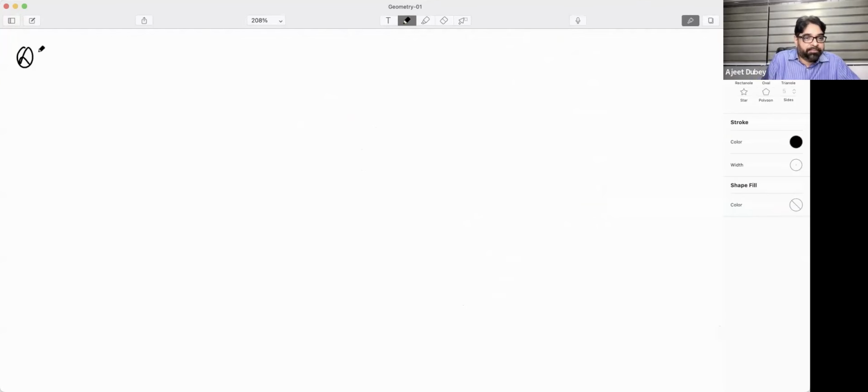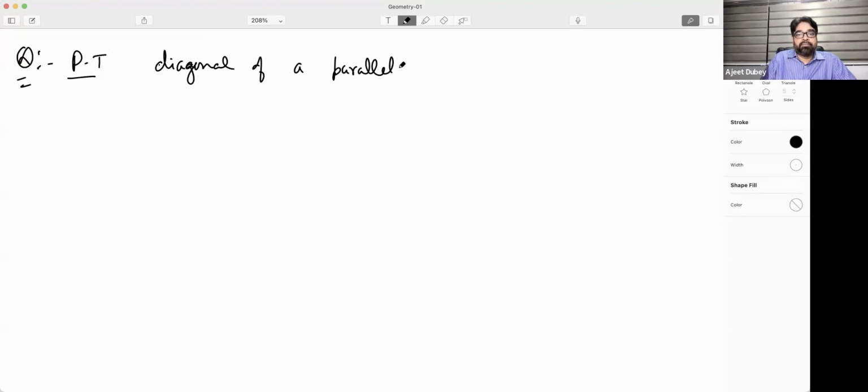Let's do a question. Prove that diagonals of a parallelogram bisect each other.